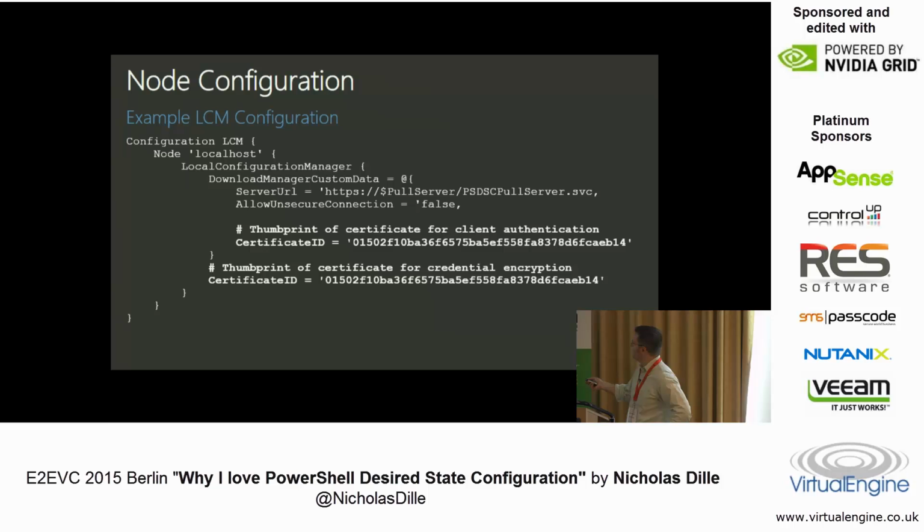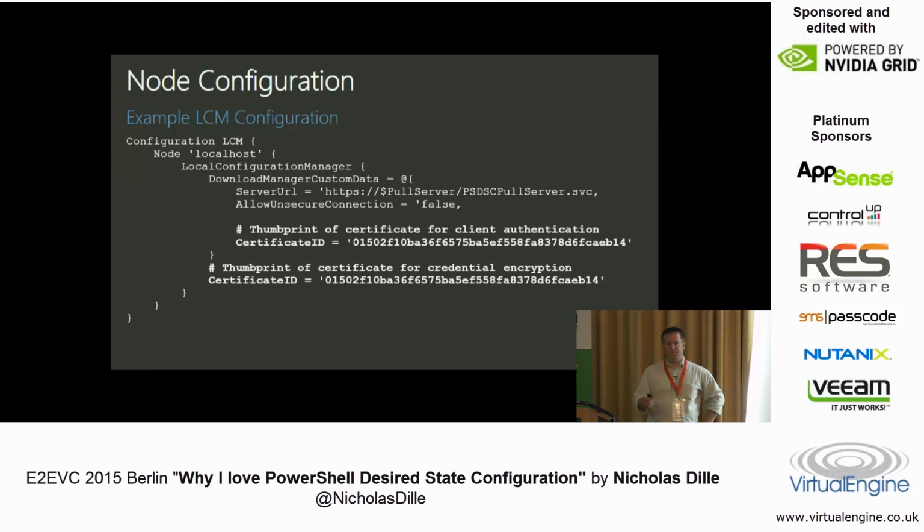Up here in the server URL, you tell it that connections must not be unsecure, and you give it two certificates. One certificate is the certificate ID, the thumbprint, for the download manager, and that's the one it uses for client authentication. And the configuration ID further down, that one is used for credentials encryption.